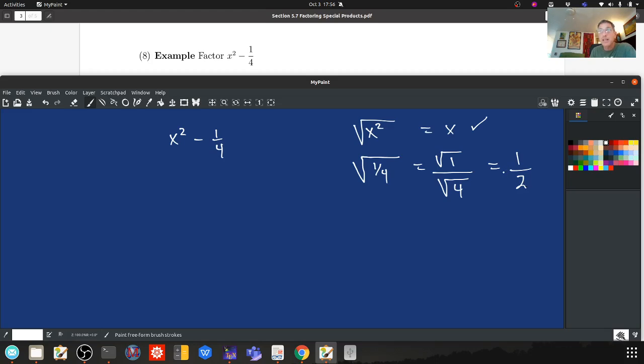So the point is that the radical sign has been completely removed, and that's all we need. So this is x minus 1/2 times x plus 1/2. So x squared minus 1/4 is equal to that, and that's a non-trivial factorization.